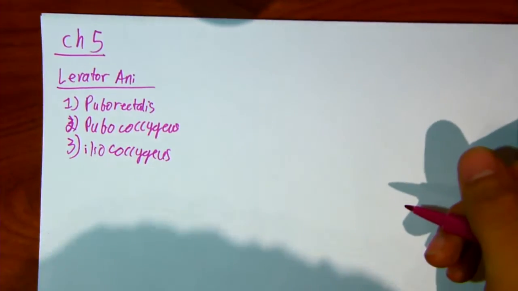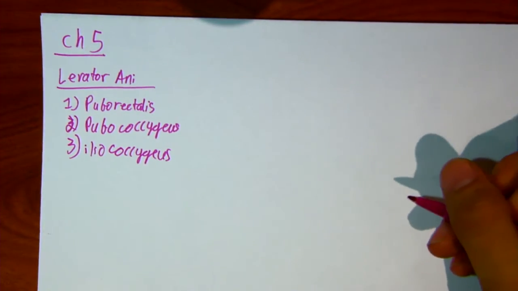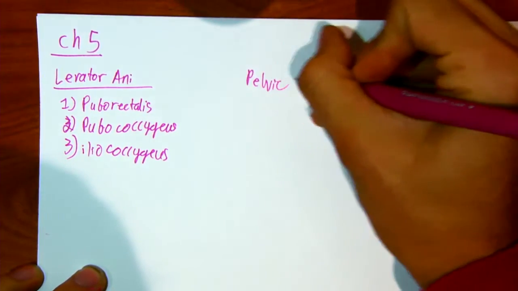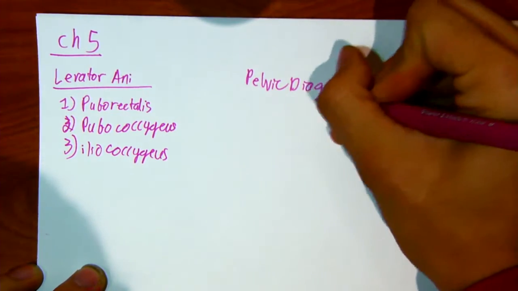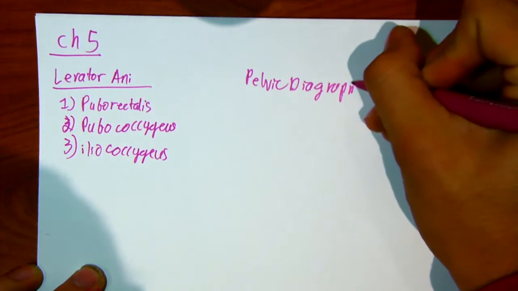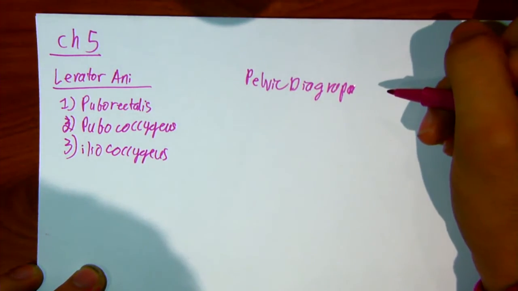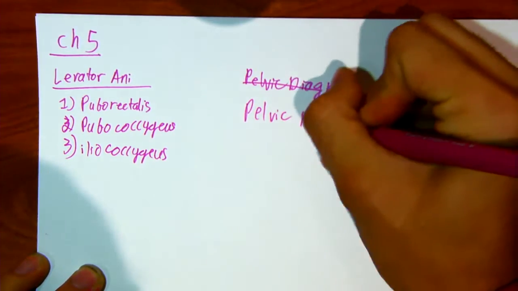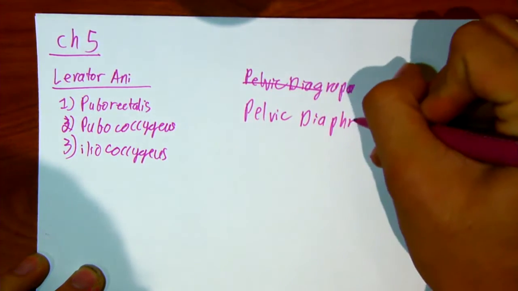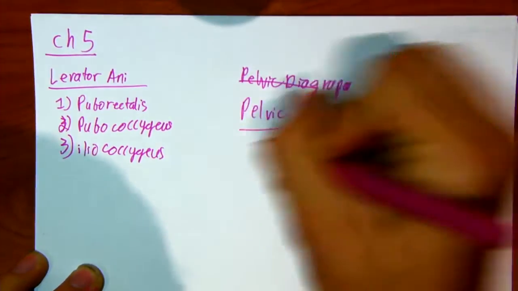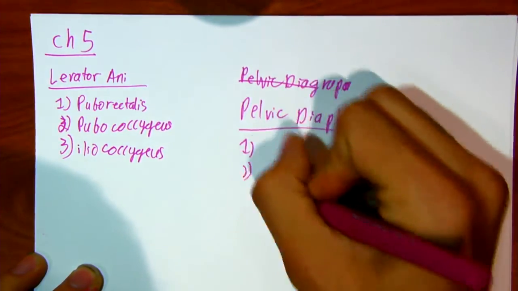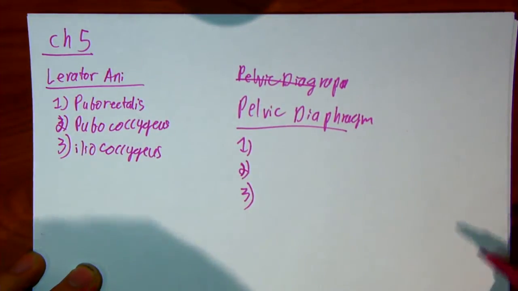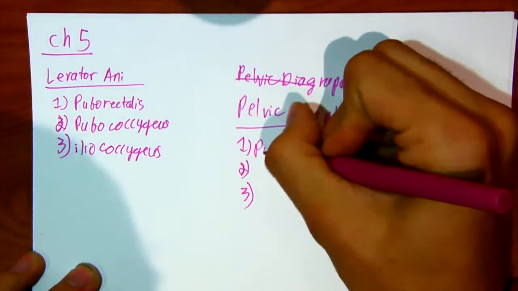All right. What a lot of people get levator ani confused with is the pelvic diaphragm. You will see some similarities. Spelled that wrong. All right, there we go. Pelvic diaphragm is also mainly composed of 3 muscles. And you'll see why it's easy to get these confused. One of the first main muscles is also the puborectalis.